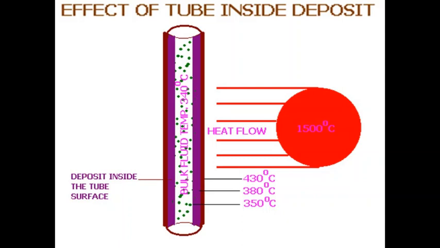The inner side of the tube material comes to around 380, and the bulk of the fluid is again at 340. So you see there is no change in the bulk fluid temperature, the coolant temperature, but the outside tube metal temperature is changing.